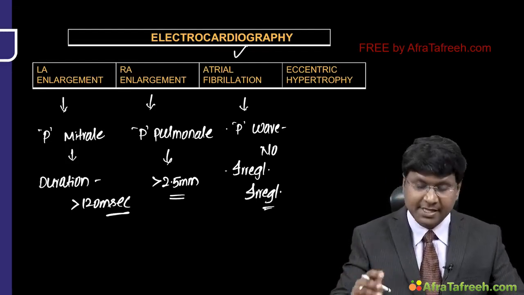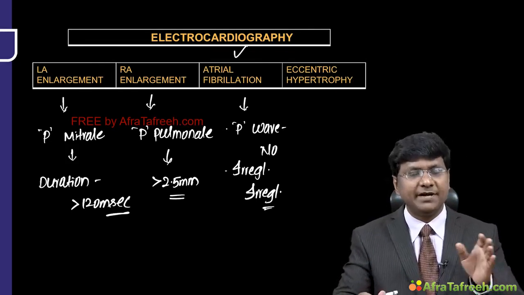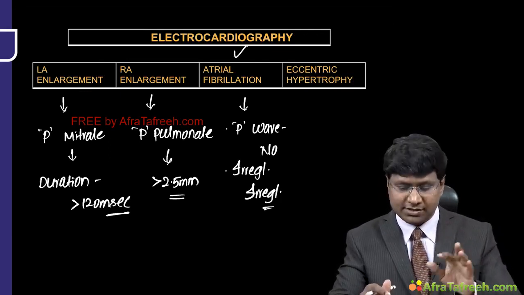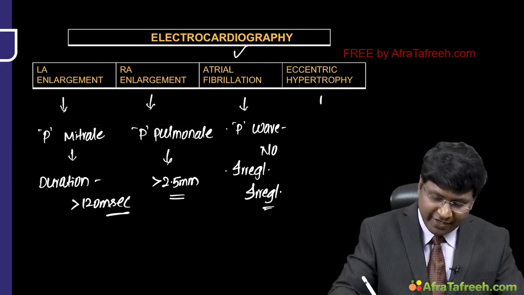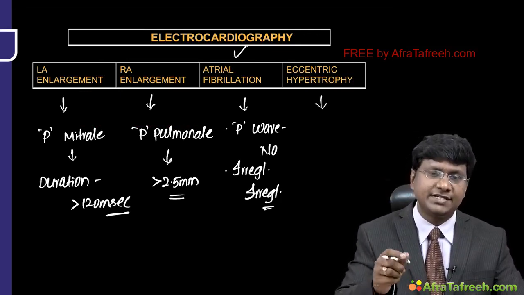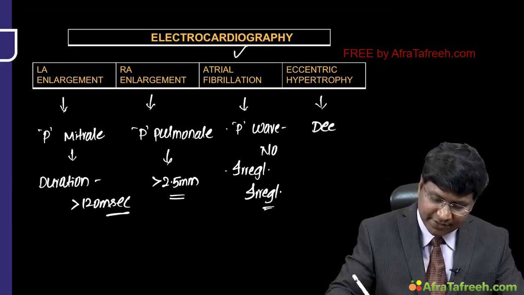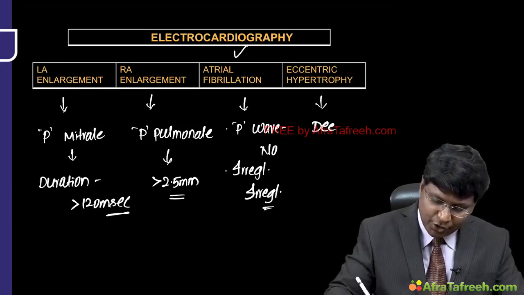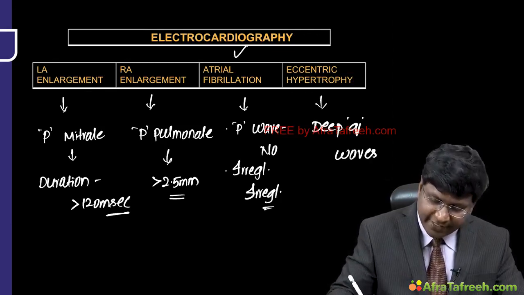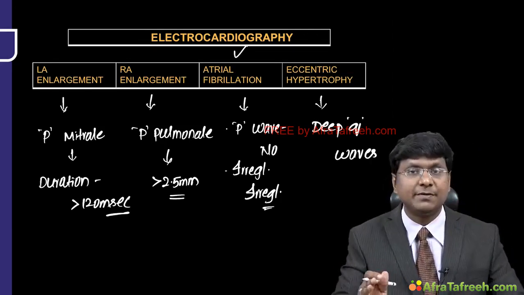Then subsequently in patients with severe MR, there will be volume overload of the LV causing eccentric hypertrophy. So whenever there is volume overload of the LV, the abnormality in the ECG that you will observe is the presence of deep Q waves in the precordial leads, that is from V3 to V6.